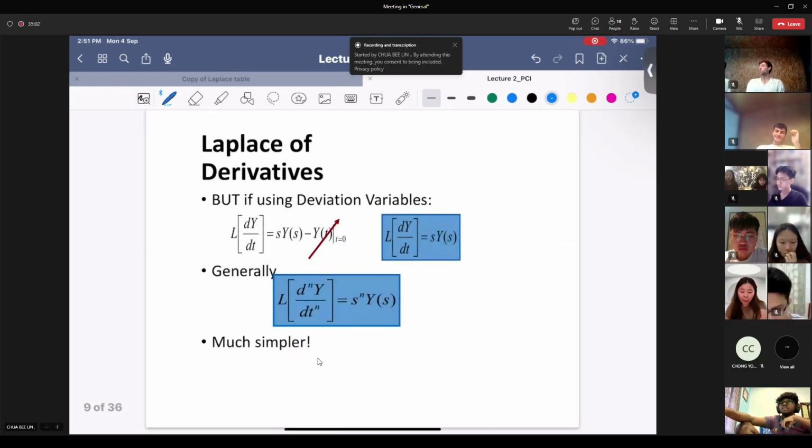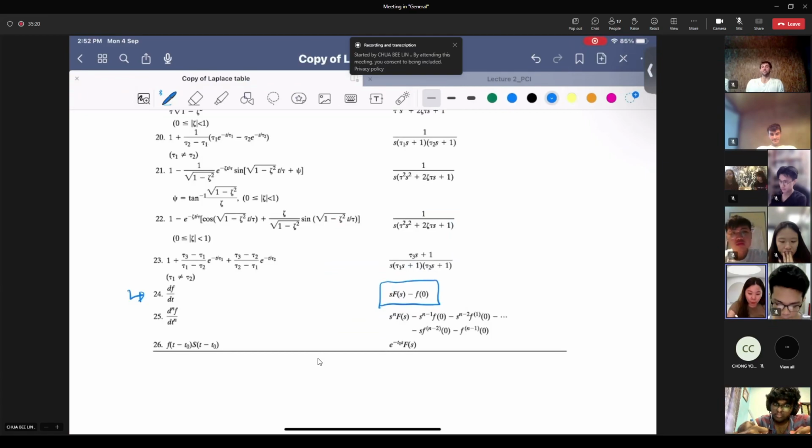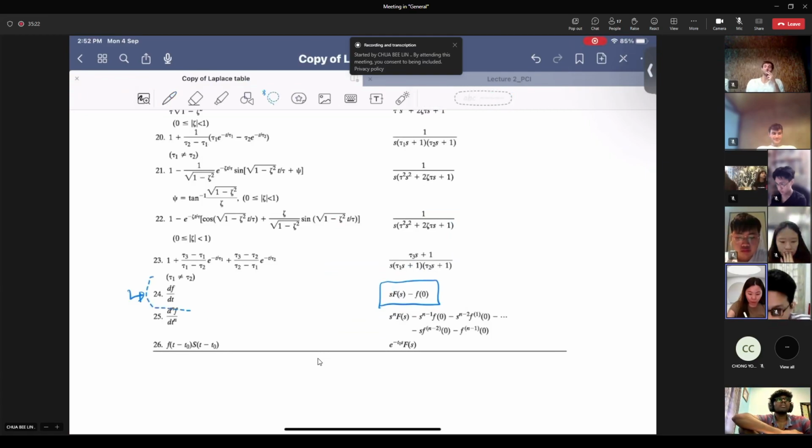Okay, Laplace of derivative. So from here, when the equation is already in deviation form, it means we will be using the unsteady state minus the steady state.